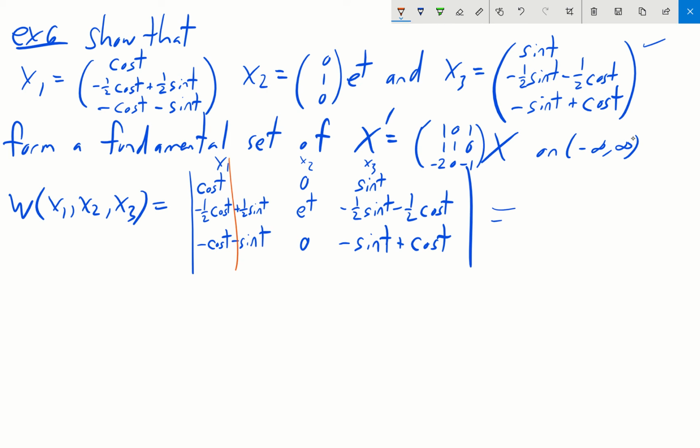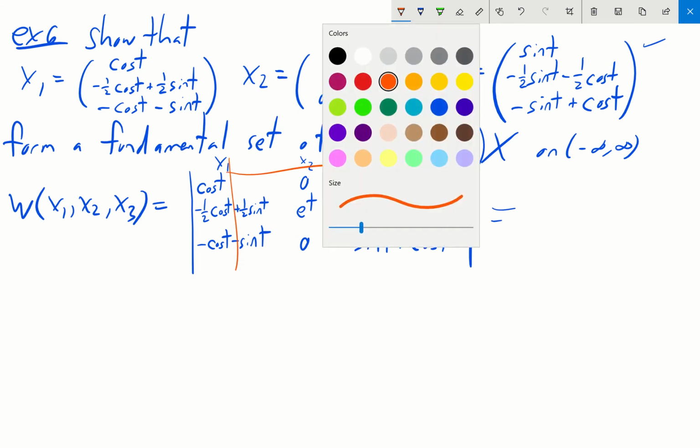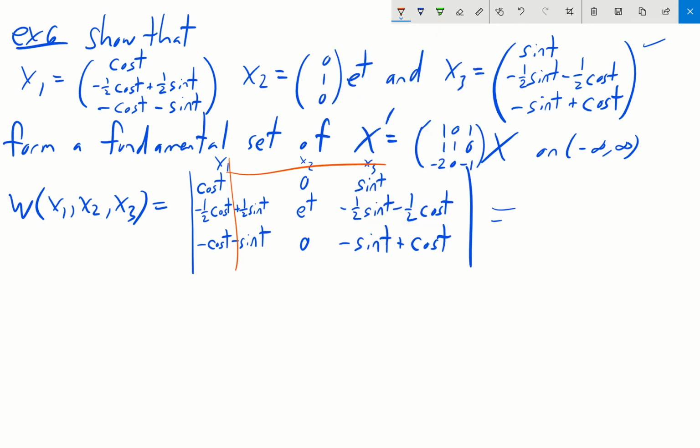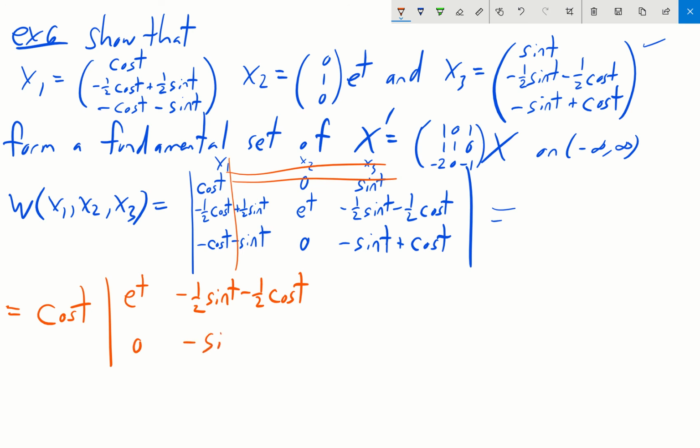If I expand about the first entry, so the pivot is going to be cosine t, I'm going to have cosine of t times the 2 by 2 submatrix, which is going to be given by e to the t, negative 1/2 sine t minus 1/2 cosine t, 0, and then negative sine t plus cosine t.